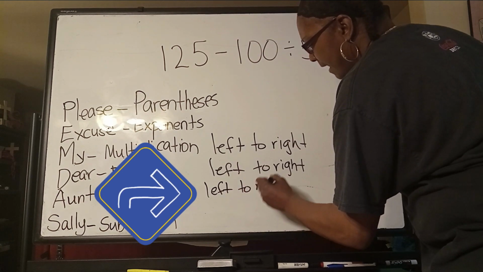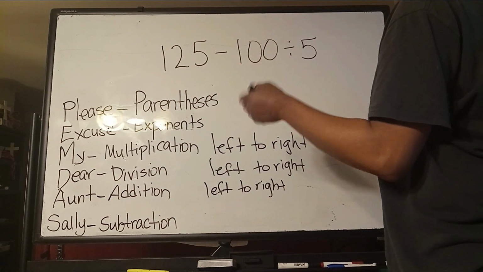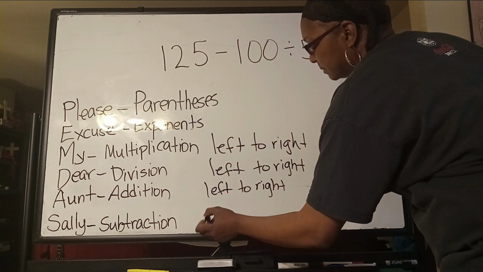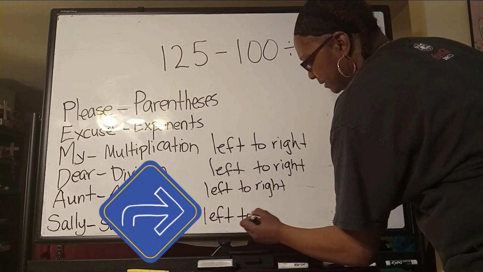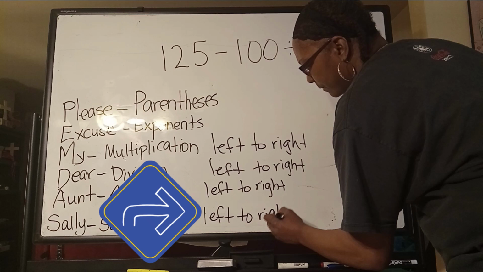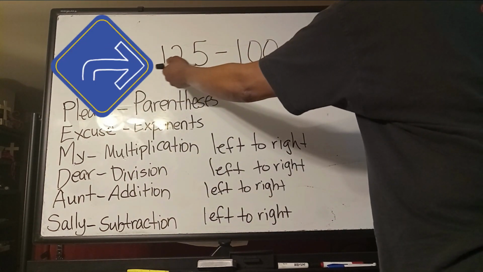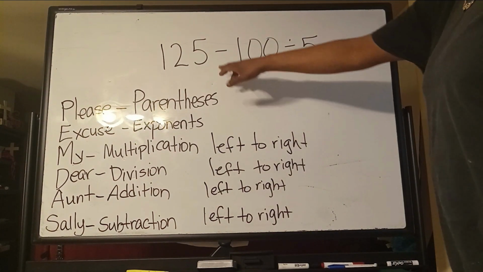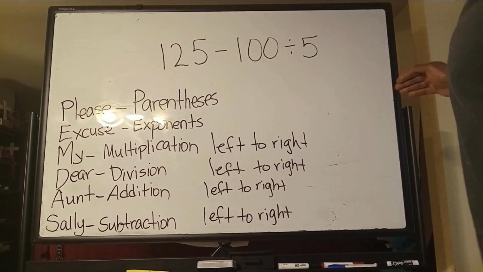But they're still last. So you have to have done all of the parentheses, exponents, multiplication, and division before you look at the subtraction and addition. But when you look at the subtraction and the addition, then you still go from left to right. So this is a prime example here. We have subtraction and we also have division in this equation.